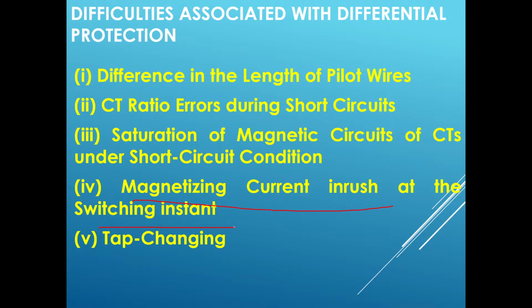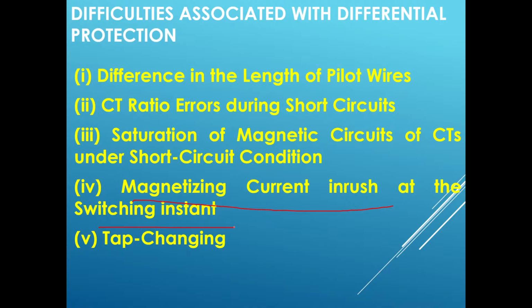If we want to protect a transformer under unloaded condition, and no load is connected across its secondaries, then magnetizing currents will flow into it. Because of the inrush of these magnetizing currents, the relay may operate unnecessarily.